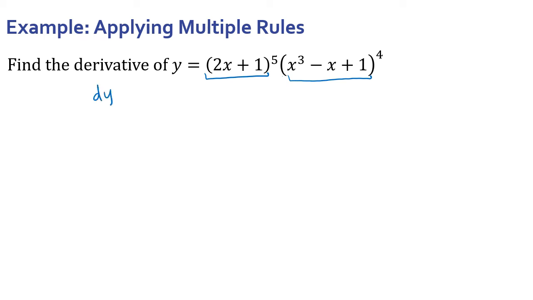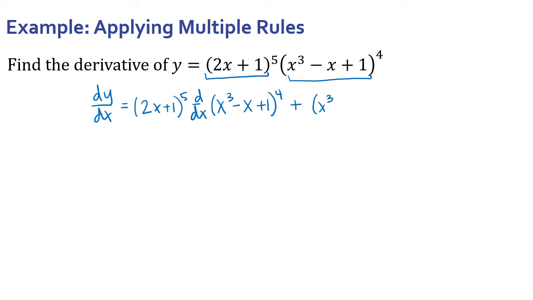So the derivative of y with respect to x equals the first function, 2x plus 1 to the 5th power, times the derivative of the second, the derivative of the quantity x cubed minus x plus 1 to the 4th power, plus the second function, x cubed minus x plus 1 to the 4th power, times the derivative of the first, quantity 2x plus 1 to the 5th power.